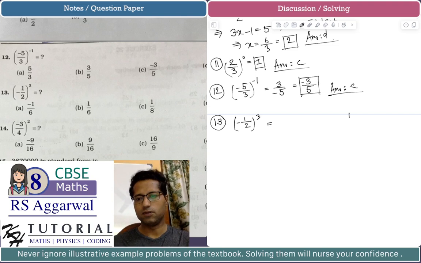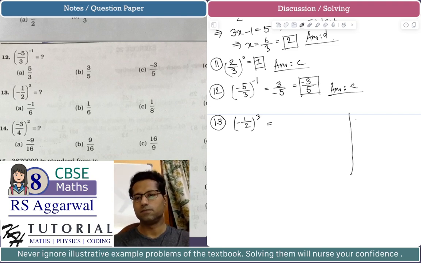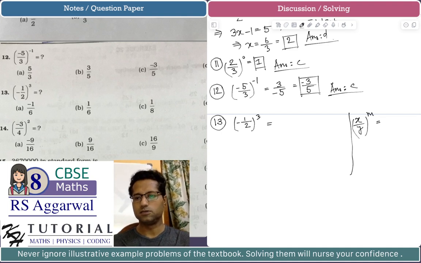Whenever I say that you are breaking an exponential form into rational form, I mean if you have x by y, a rational number, to the power m, this is in exponential form, and if I want to express it as rational form, I will use the formula: this is equal to x to the power m divided by y to the power m.